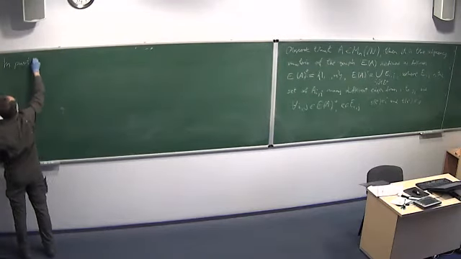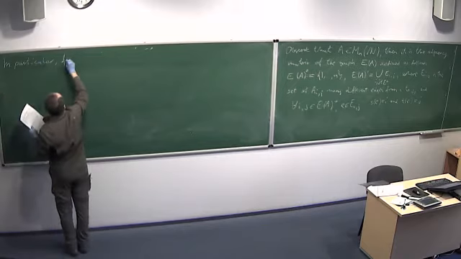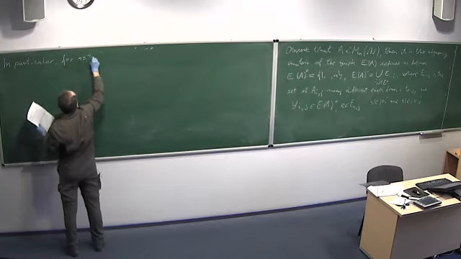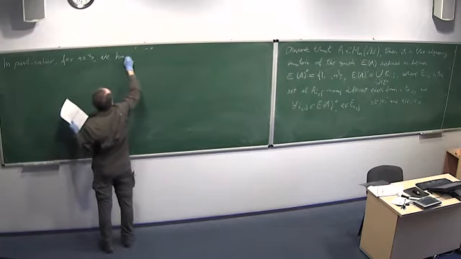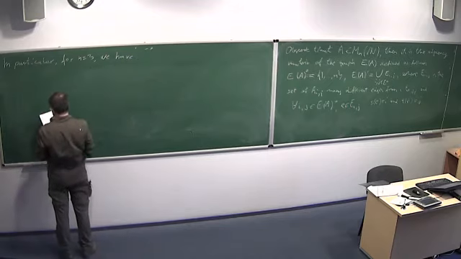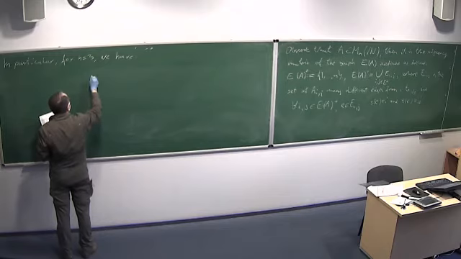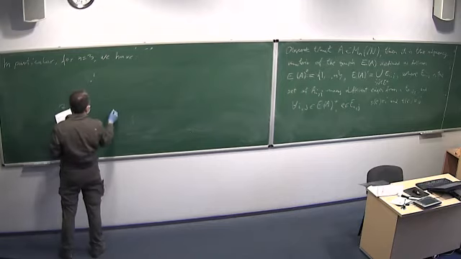So in particular, for n equals 3, we have three vertices, 1, 2, and 3.